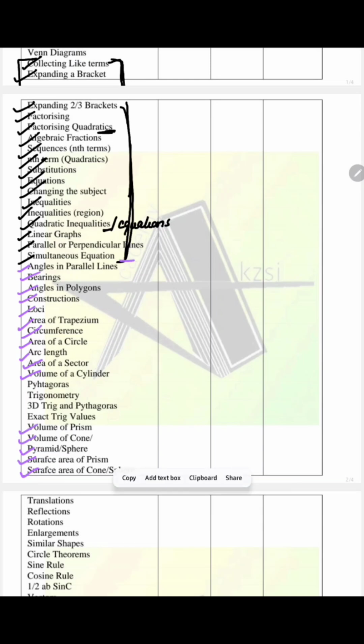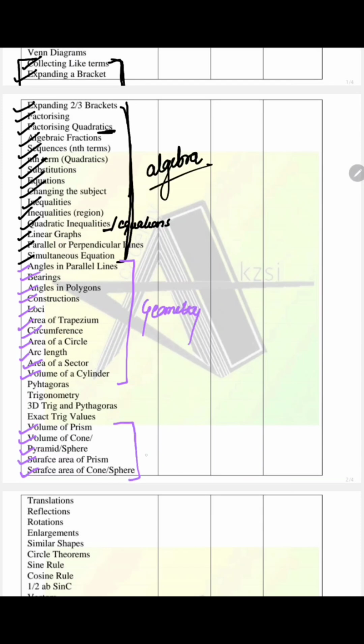These all come under geometry. So this is all a geometry part. This is also geometry. And translation, reflection, enlargement, similar shapes, these are also under geometry. So till here, everything you will find in geometry.